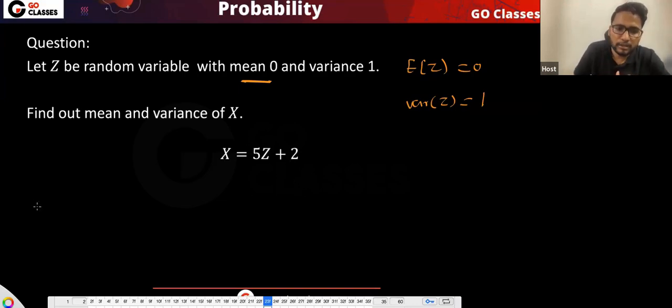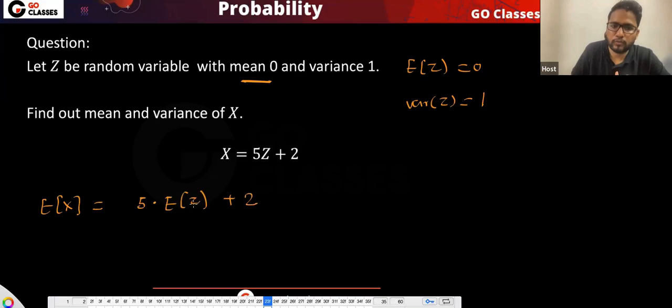Can you tell me what is the expectation of x that you are getting? It is 5 into expectation of Z plus 2, right? So expectation of Z is given to be 0, so this is just 2.